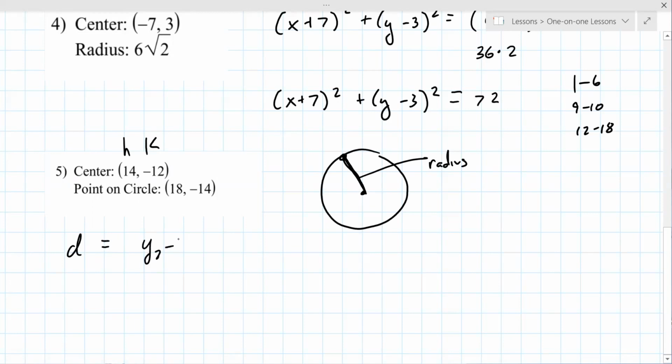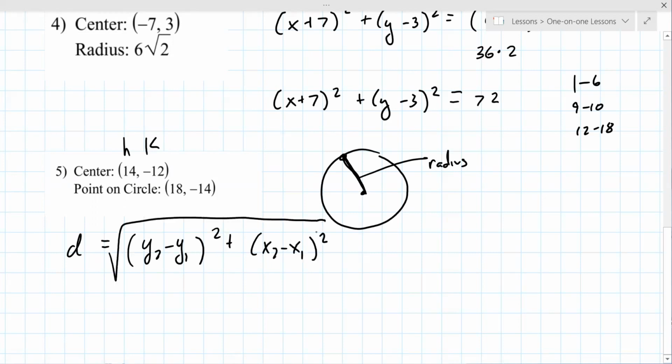That's the square root of (y2 minus y1) squared plus (x2 minus x1) squared. Maybe your book has x's first instead of y's. It doesn't really matter as long as you do them in the right order, like 18 minus 14 squared, negative 14 minus a minus 12 squared, square rooted.